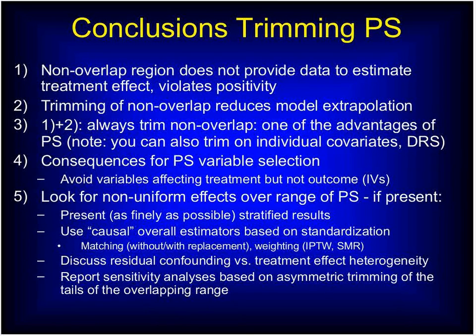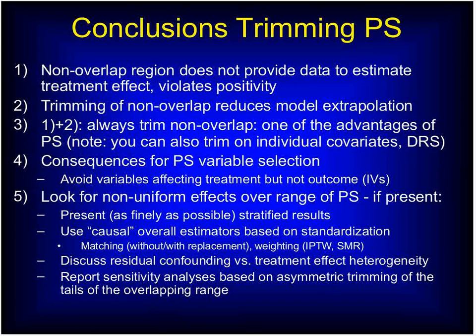And I think we should always look for non-uniform effects over the range of the propensity score. If we find non-uniform treatment effects, then we present stratified results. We should use a causal overall estimator based on standardization. This could be matching with or without replacement, or weighting, IPTW or the SMR weights.